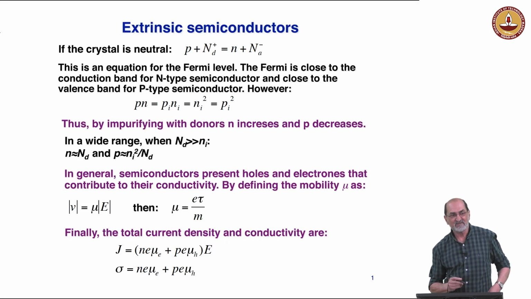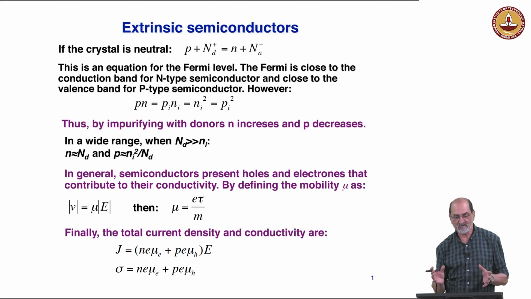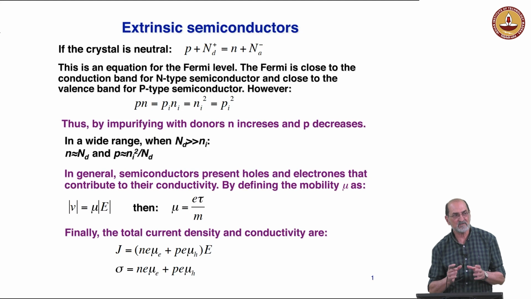Well, so we are talking now about extrinsic semiconductors. In the bulk, the semiconductor has to be neutral from an electrical point of view. So the total density of positive charge has to be equal to the total density of negative charge.